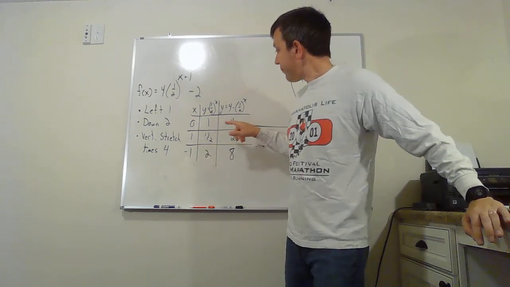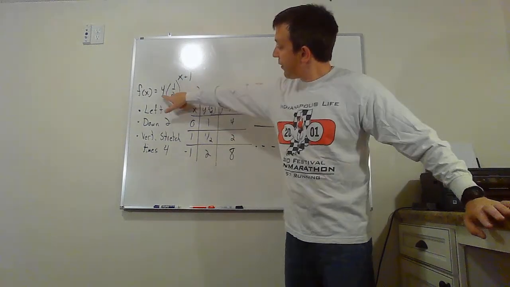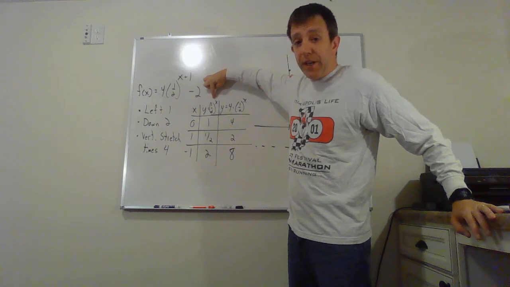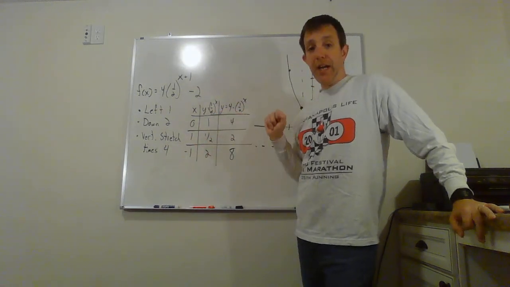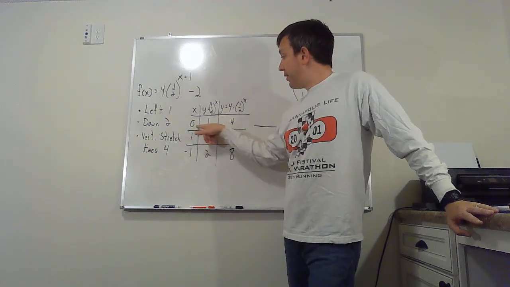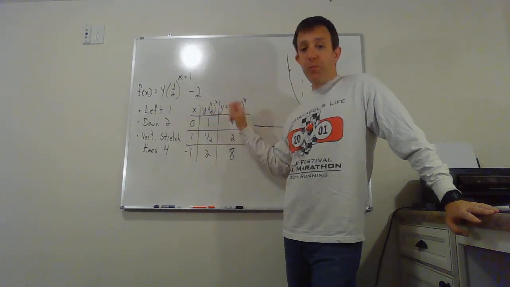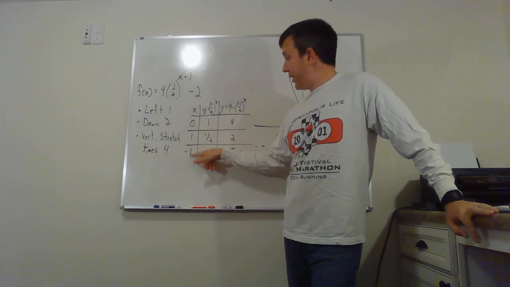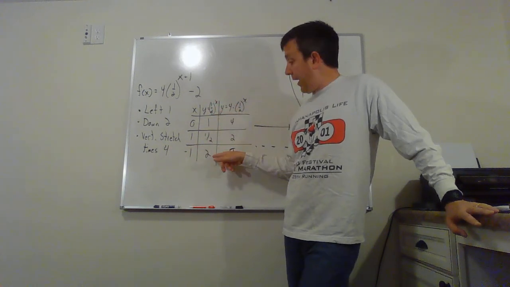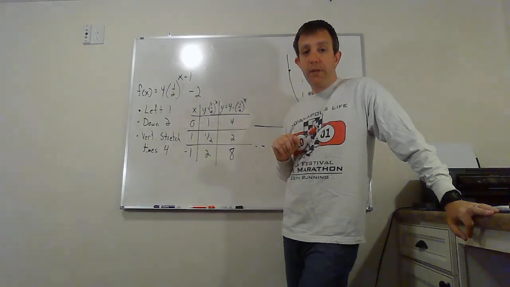With the 4, I first want to ignore it. I just plug in 0, 1, and negative 1 into 1/2 to the x power. If I plug in 0, anything to the 0 is 1. If I plug in 1, 1/2 to the first is a half. And if I plug in negative 1, the reciprocal of a half is a positive 2.